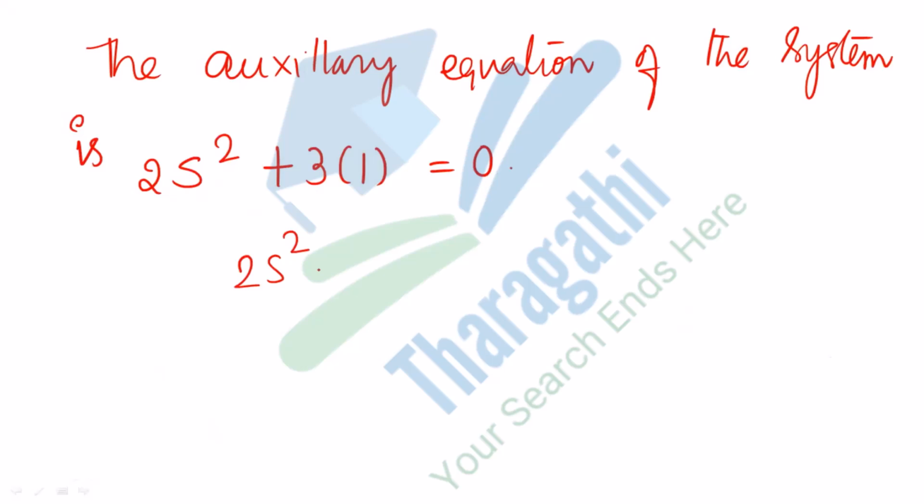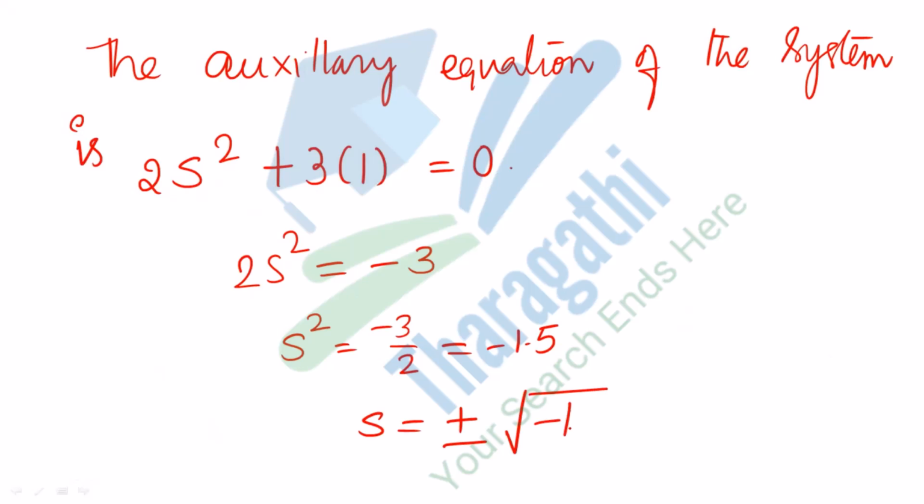2s square is equal to minus 3, so s square is equal to minus 3 by 2, that is minus 1.5. s is equal to plus or minus the square root of minus 1.5, which is j times root 1.5. So the roots of the characteristic equation are purely imaginary when k is equal to 1.